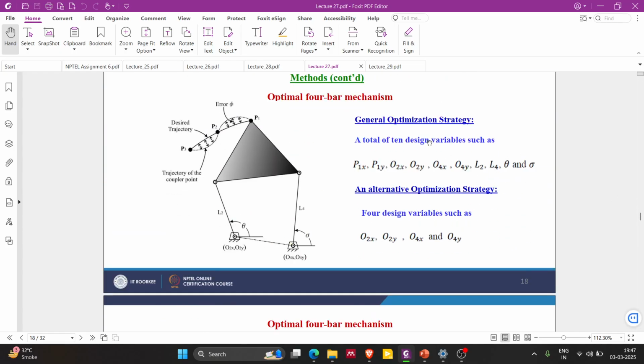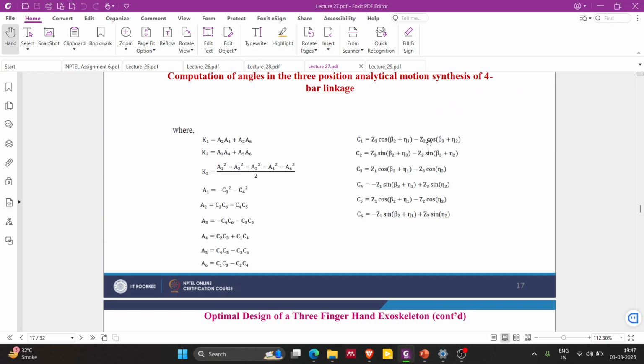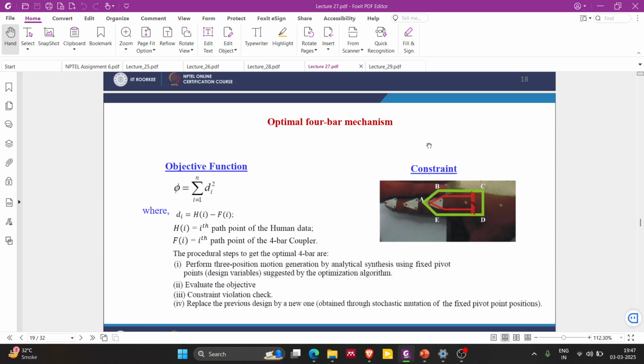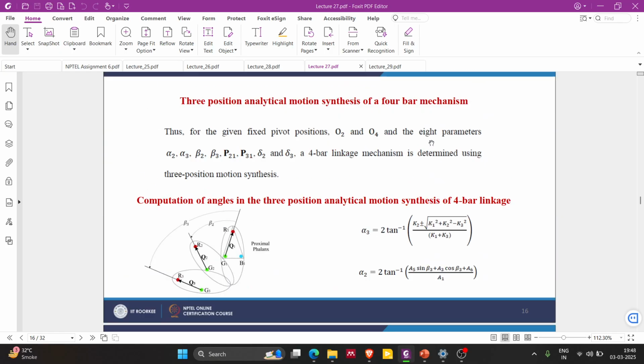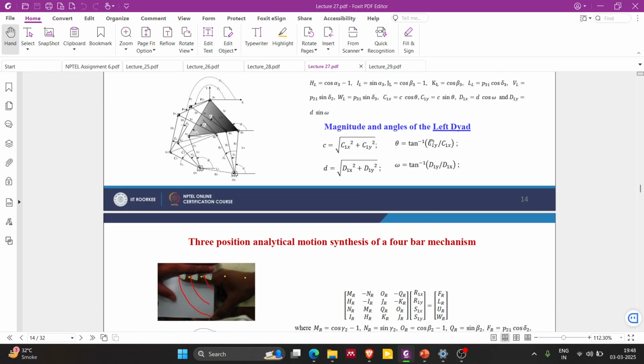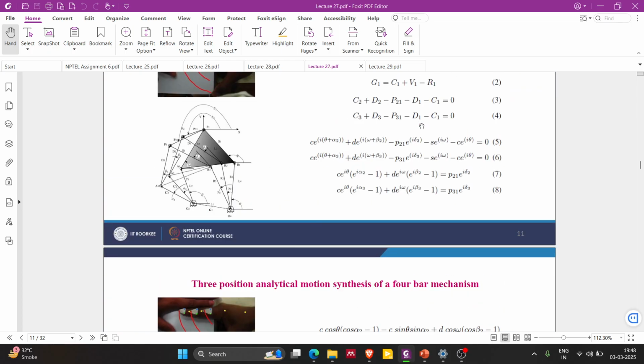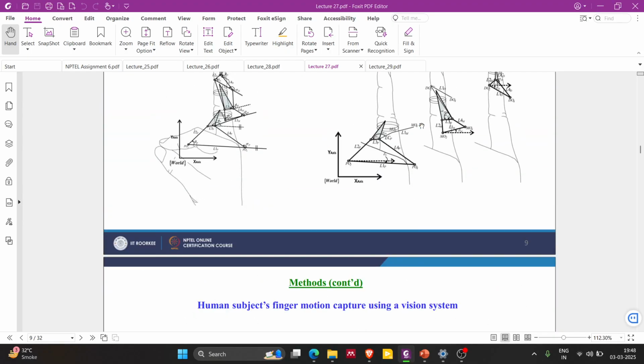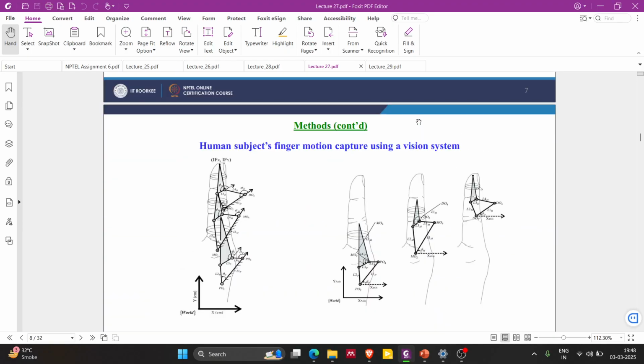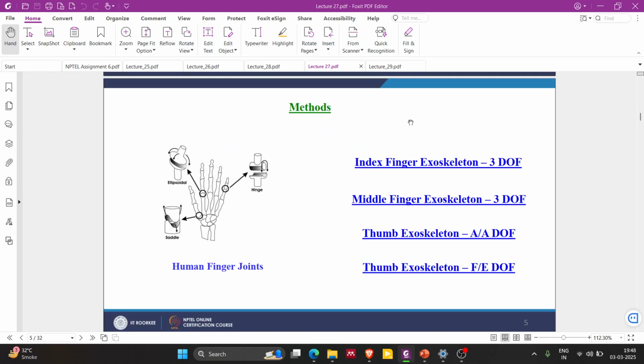they have used this optimization for the 4-bar mechanism, and here, for a brief period of time, they have referred to why they have chosen 10 or 8 degrees of freedom. You see, this is what they have used.